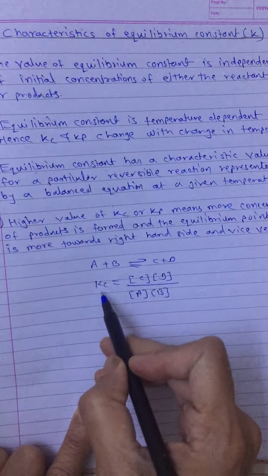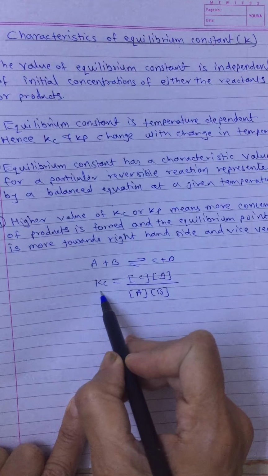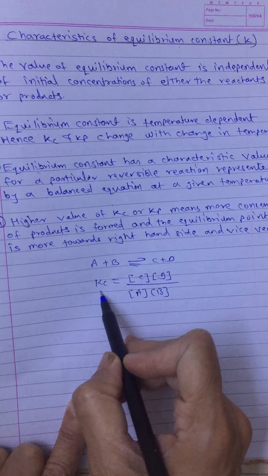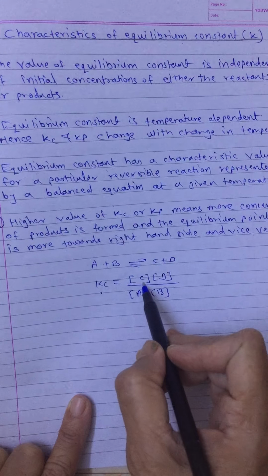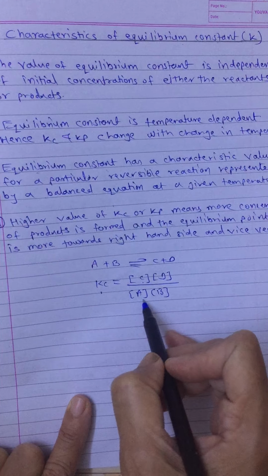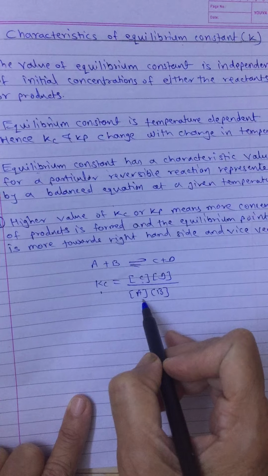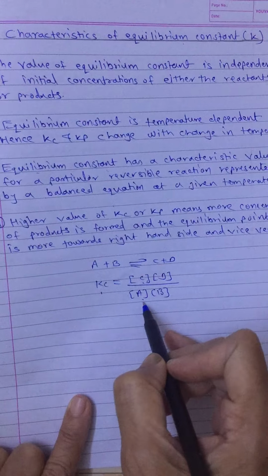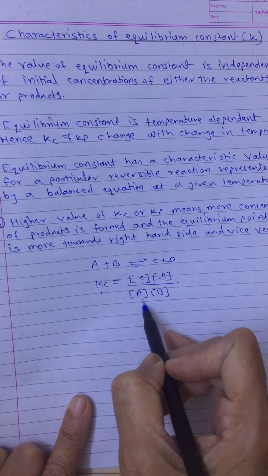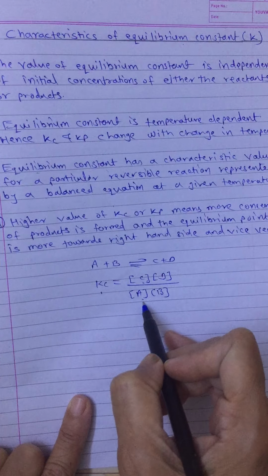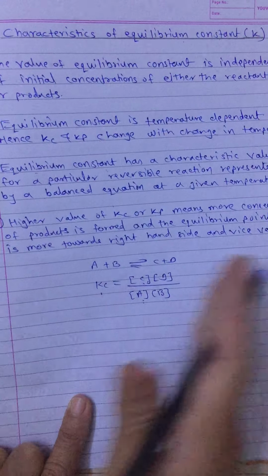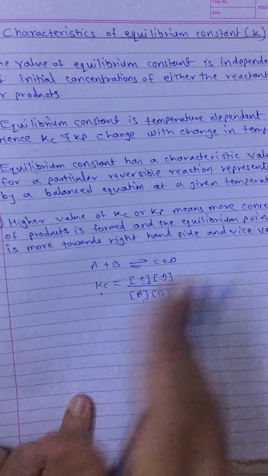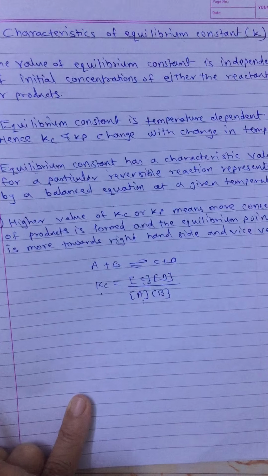Okay, if Kc value is higher, what does it mean? Means numerator is greater than denominator, isn't it? Means concentration of products is greater than concentration of reactants. That means at equilibrium the reaction is more shifted towards right hand side.